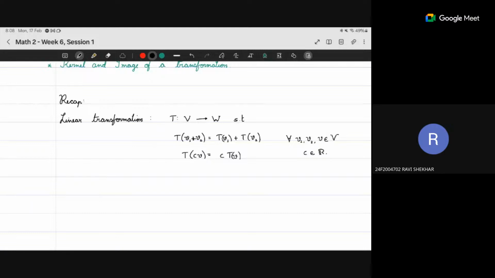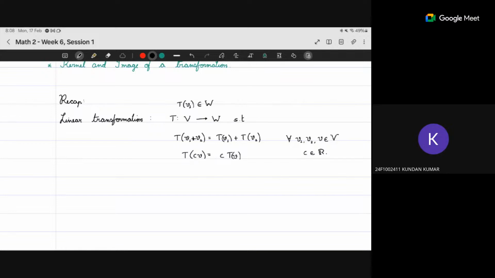Sir, the second part, T(V1) plus T(V2), the addition is in W. In that part, I didn't understand how. So when you take a vector and take the T of that vector, where is it? It's in W, right? Yes, sir. So this is a function from V to W. So you look at the image of some element in the domain, you will get an element of the codomain or the range, as you call it, I guess.